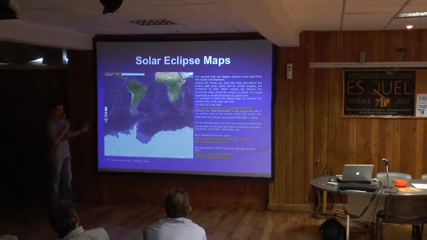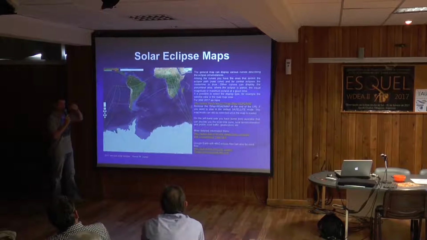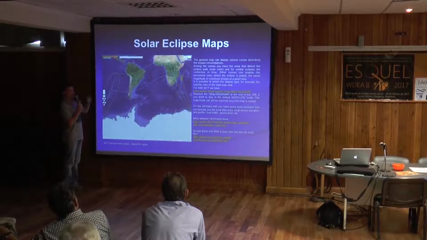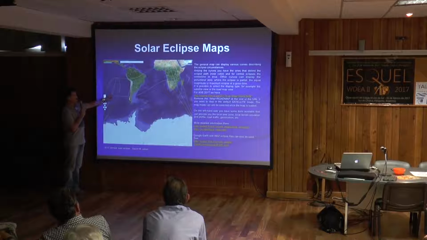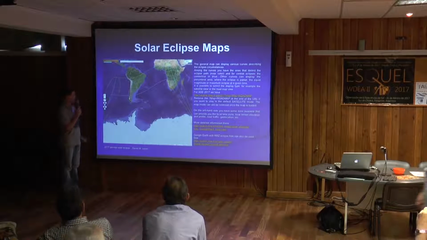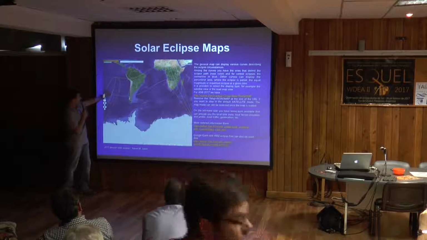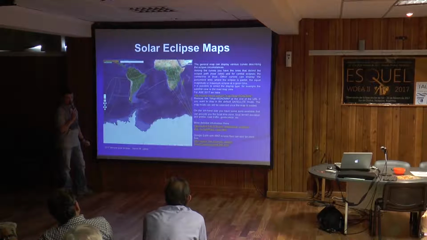For an annular eclipse, it's where you can see this ring around the moon. For a total eclipse, since the moon is bigger than the sun, this path is of course the part where the eclipse is total. So in your case, if you want to see a ring, you need to be between those two pinkish lines.